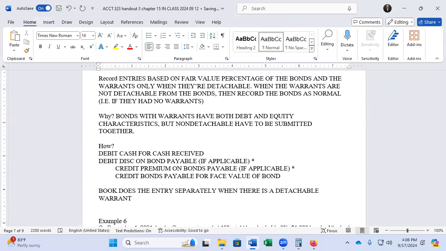So the book does the entry separately when there is a detachable warrant.